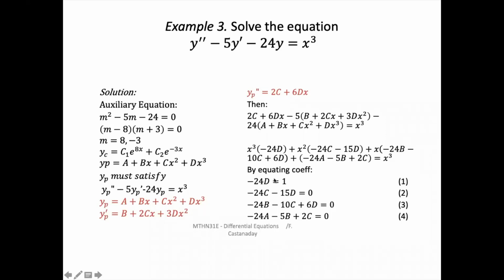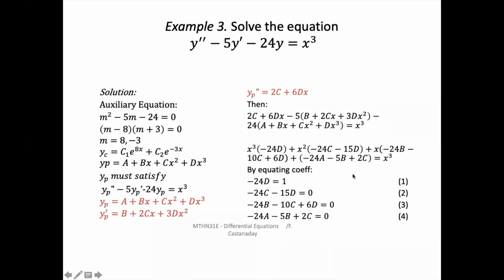Now for the coefficient of x squared, you have minus 24c minus 15d equal to 0, since there's no x squared on the right. Now the coefficient of x, you have minus 24b minus 10c plus 6d. Since you don't have x here, you just write 0 at the right member of the equation.